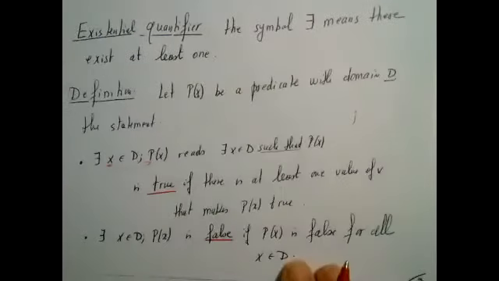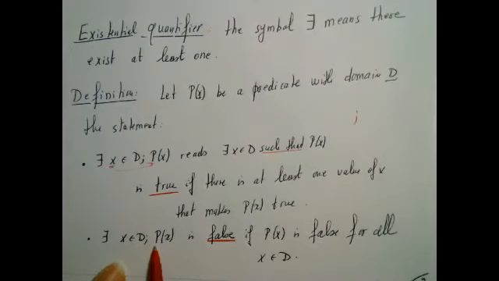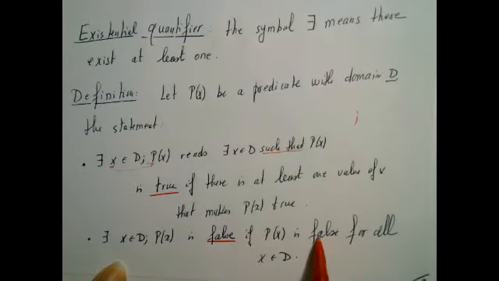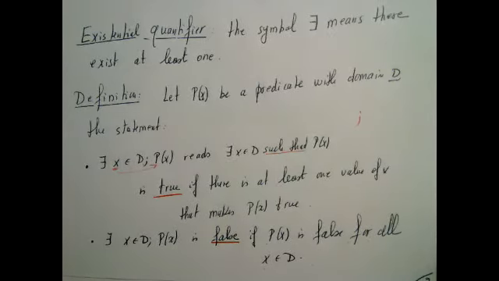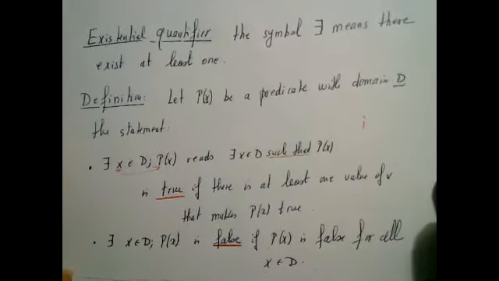How could it be false? This is false if no value of x will make P of x true. So it's false if P of x is false regardless of what x is. All right, so those are the two quantifiers that you will use basically as far as you are doing math: for every, and there exists.